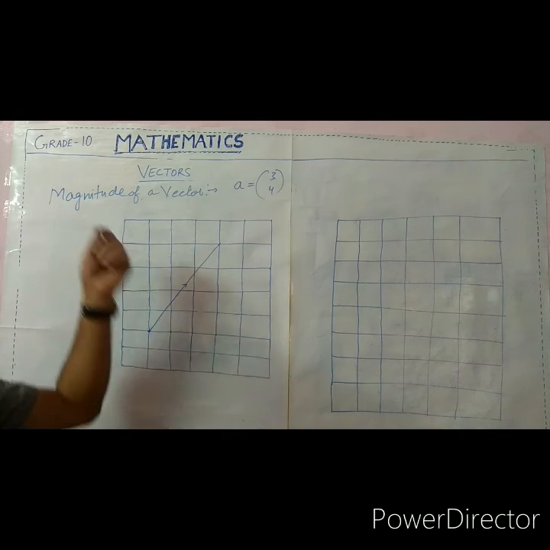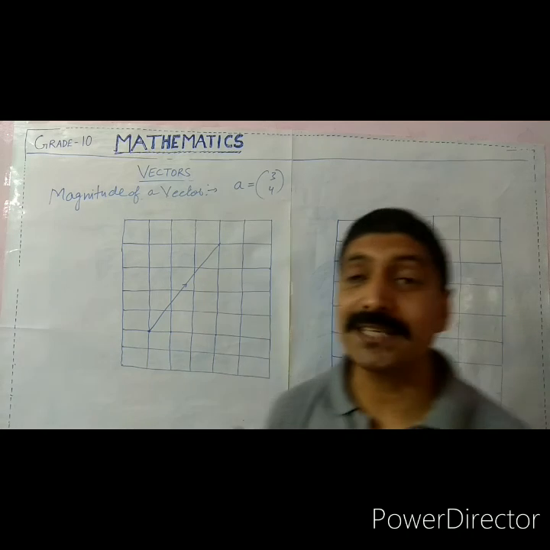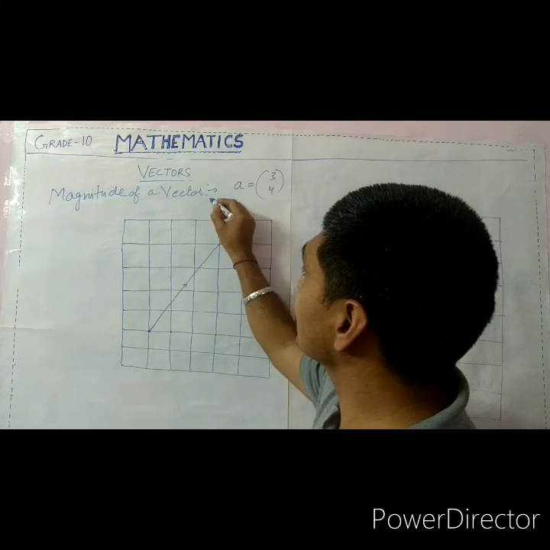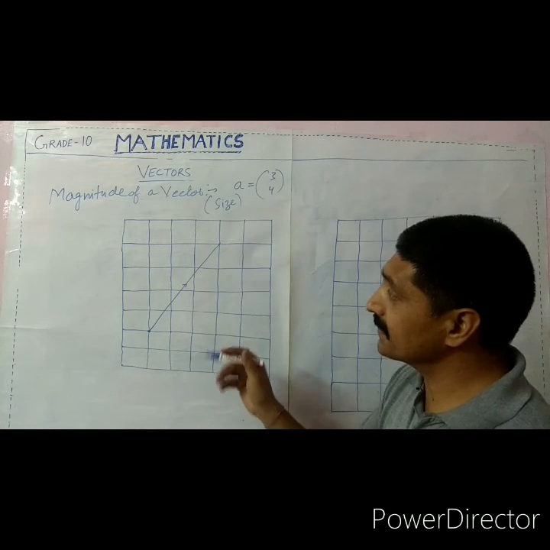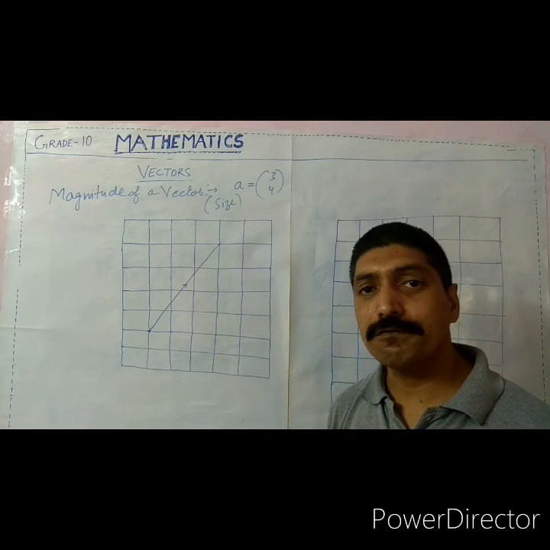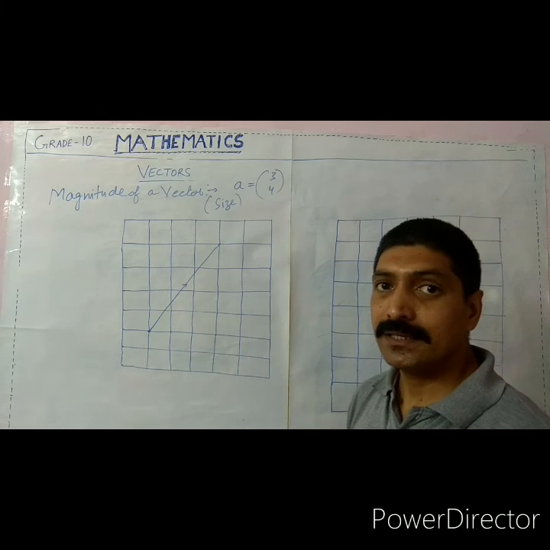So what is the magnitude? Magnitude means size. Magnitude means the size of the vector. And how is the size of the vector determined? The size of the vector is determined by its length.